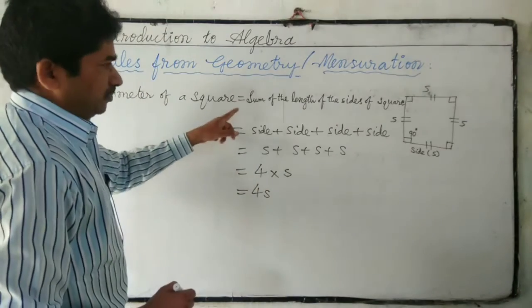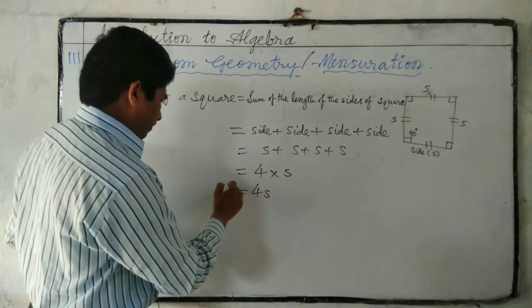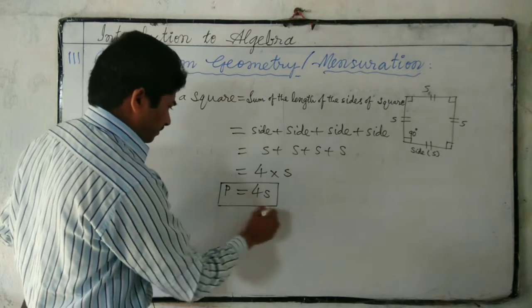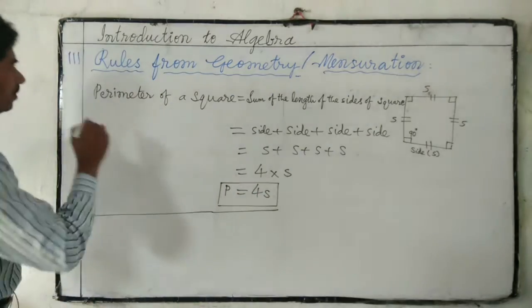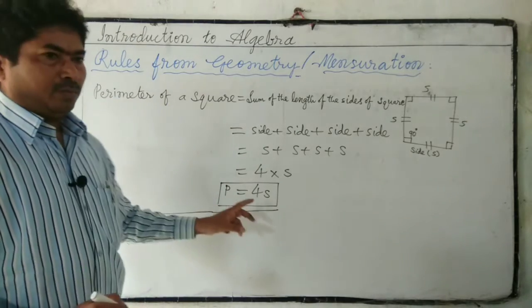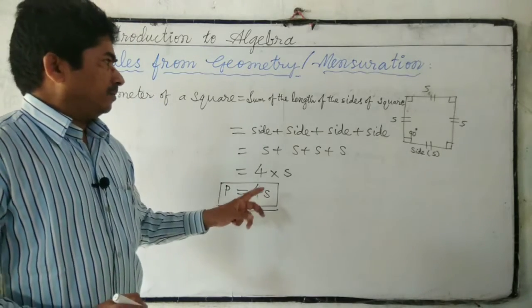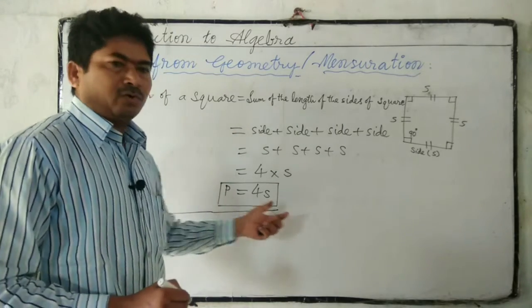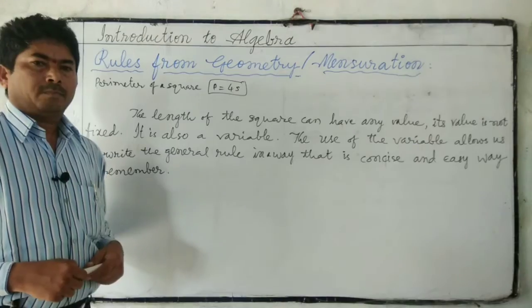The perimeter of a square is denoted by letter P. So P is equal to 4S. This is the rule for the perimeter of a square. What is the rule? P is equal to 4S.